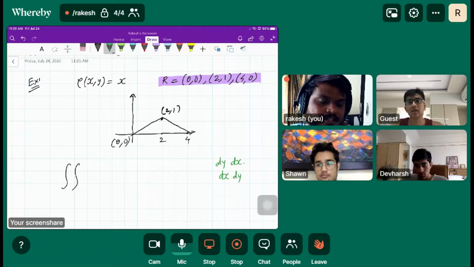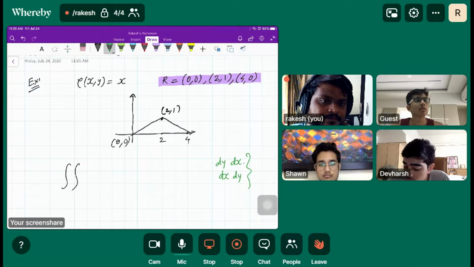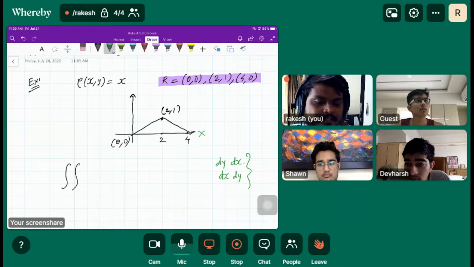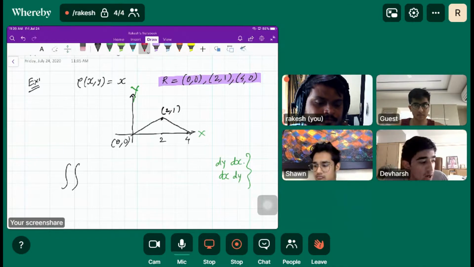Obviously the answer is the same, but there is a point, a thing which I explained. Which order would I like to take here, dx dy or dy dx? I took dy dx. Why dy dx? Because the mass density function doesn't have a y in it, so it's easier to integrate.